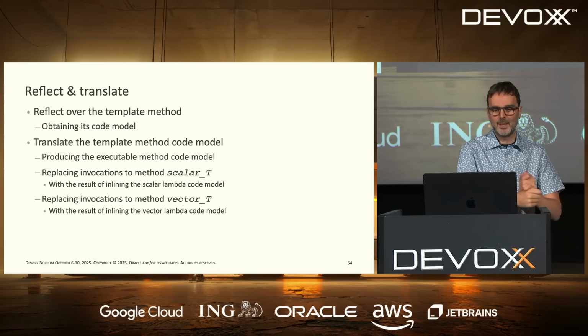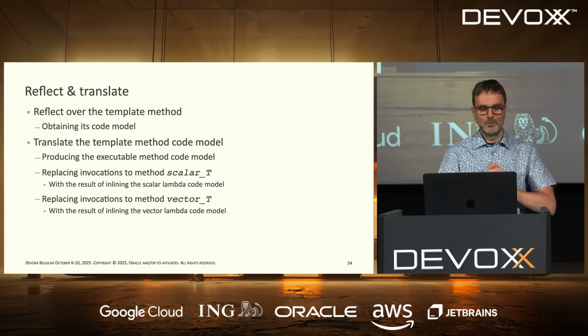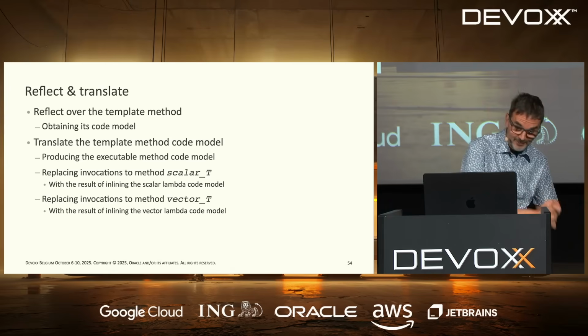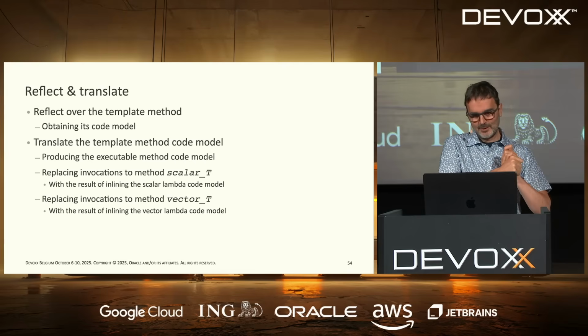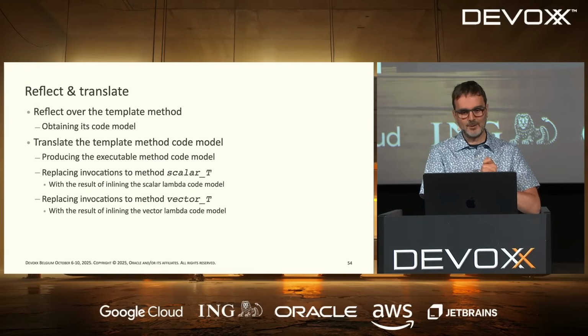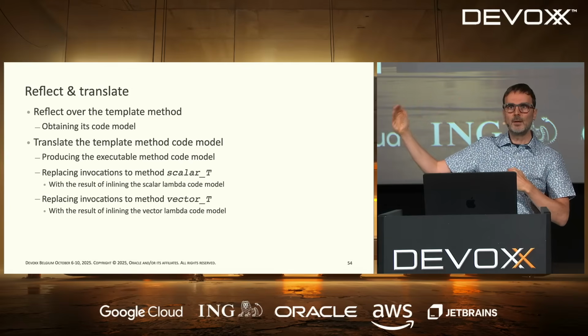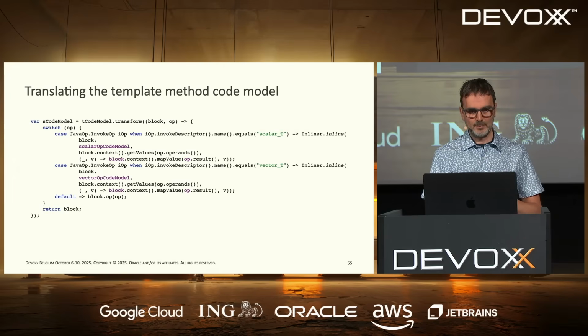I replace invocations of method scalar t with the results of inlining the scalar lambda code model, and I replace invocations of a method vector t with the results of inlining the vector lambda code model. It's a bit of a mouthful, but you can see the logical steps going on here, very clear steps.